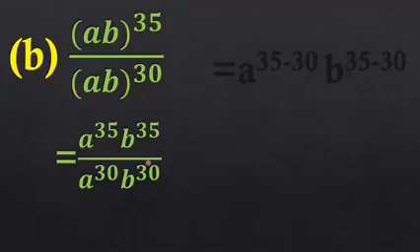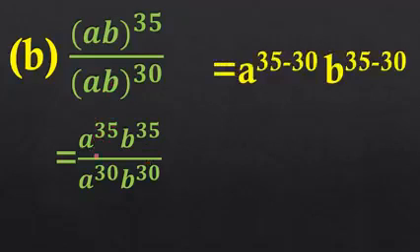Dapat here, when simplifying the exponent, kailangan pareho yung variables. So in this case, we have A raised to 35 and we have over A raised to 30. Since malaki yung 35 compared to 30, so we have the form A raised to m minus n. Or that is A raised to 35 minus 30. Then we have also the B common, base B raised to 35 minus 30.